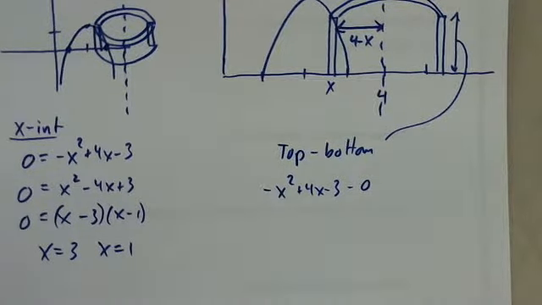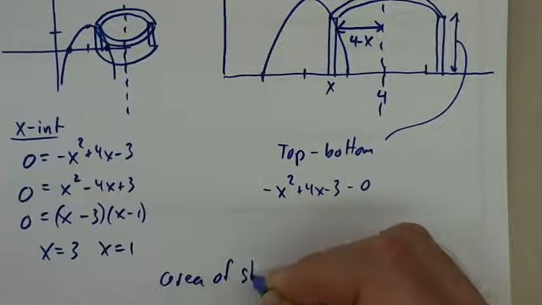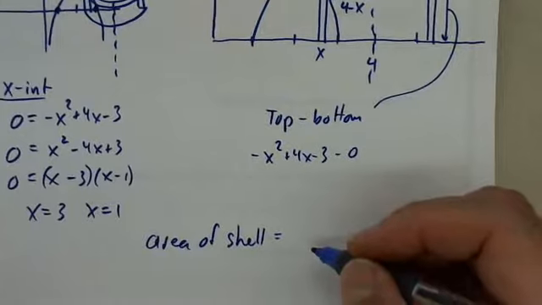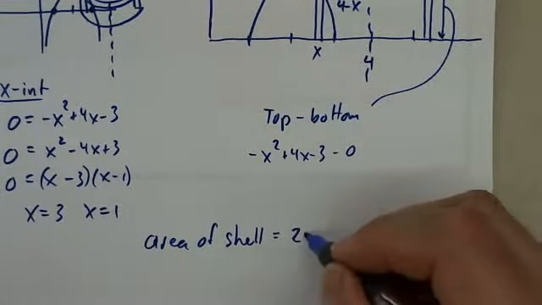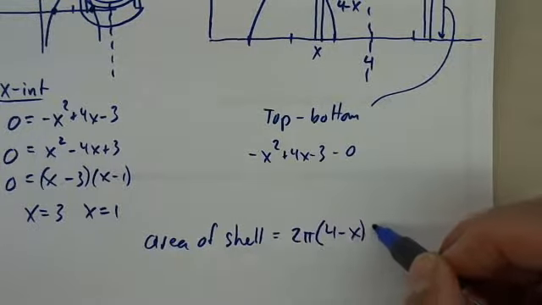Okay, let's find the area of a shell. The area of a shell is 2 pi r h: 2 pi times the radius times the height.